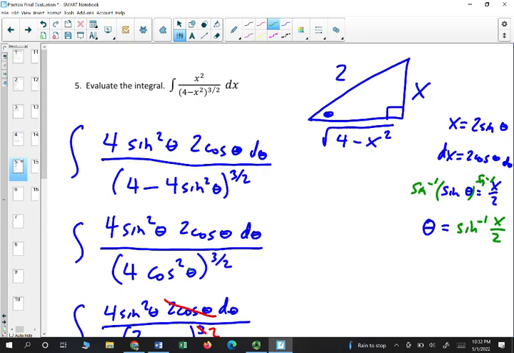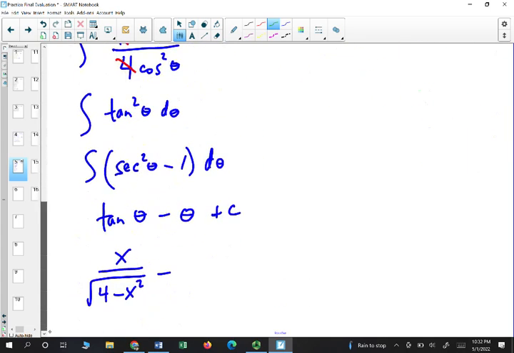So we would have inverse sine of x over 2 plus c. And that's it.